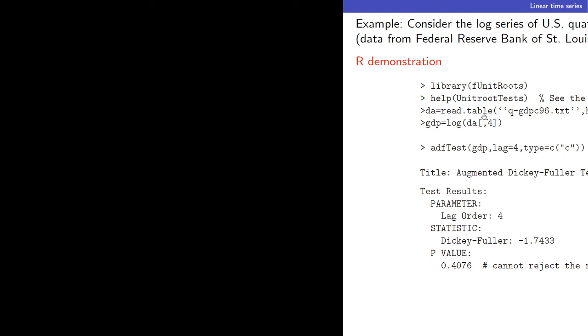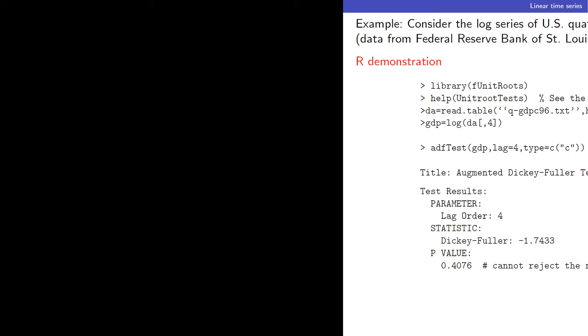We will be lagging it 4 times. So we assume this series has the form of an AR(4) model. So title, augmented Dickey-Fuller test. That's what ADF means. So the test says that the lag order is 4.